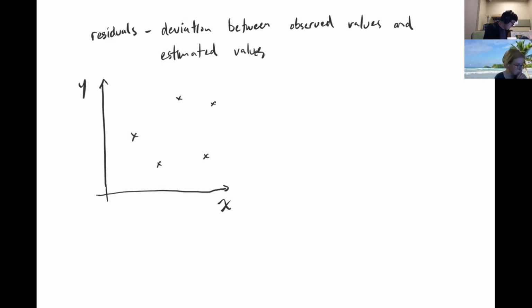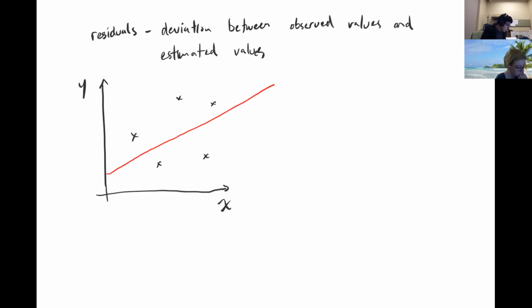So let's say we have these data points and a line through them. Let me draw a little bit lower. Okay.